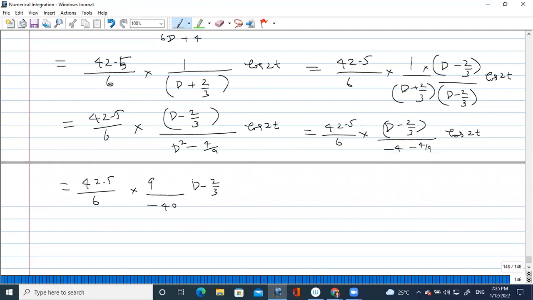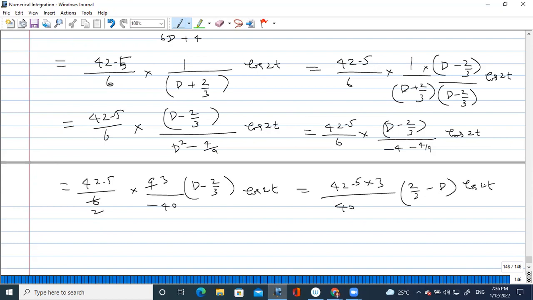So D minus 2 by 3, cos 2t. So it will become 42.5 multiplied by 3 divided by 40, and it will become 2 by 3 minus D into cos 2t.